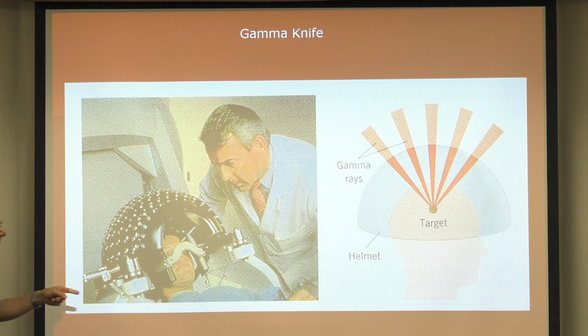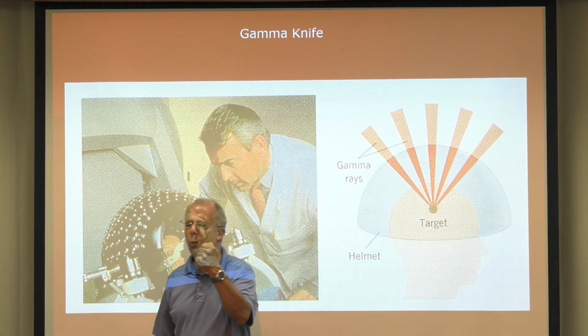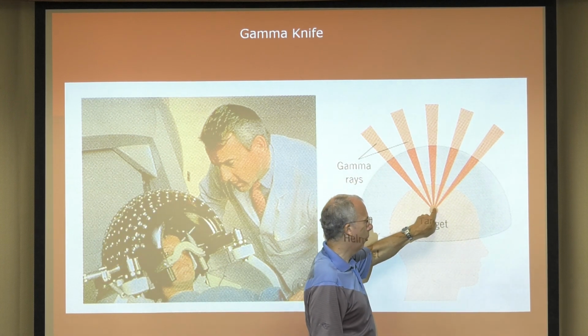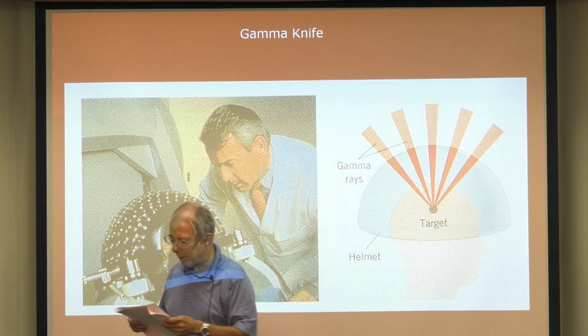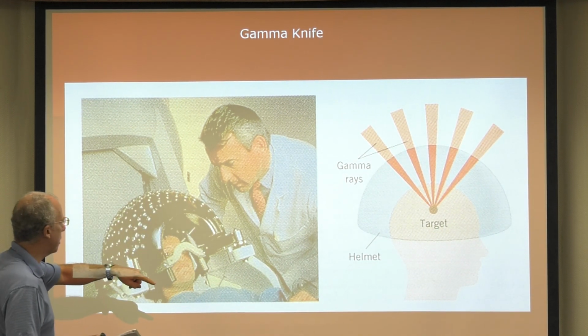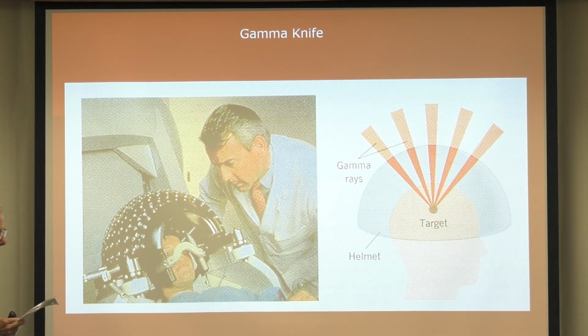So what they do here, they have like 200 incredibly weak beams, but they all intersect where the tumor is. So that's called the gamma knife. And they use cobalt-60, which is a gamma emitter.